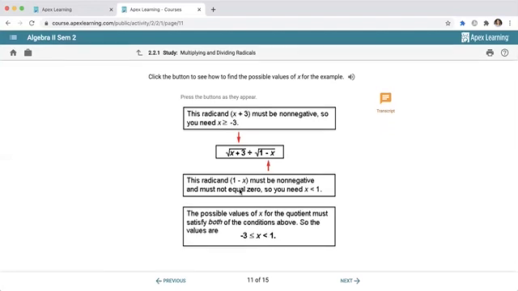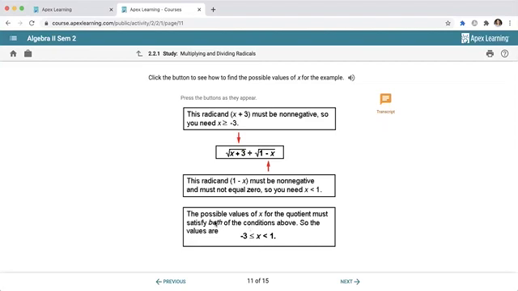To satisfy both of those conditions, it's got to be between those two. So x has got to be greater than -3, but it's got to be less than 1.